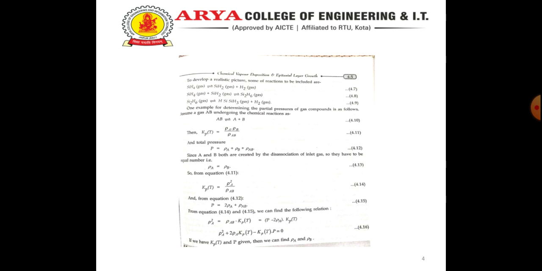From equations 4.14 and 4.15 we can find the following relation, and the final relationship is given in equation 4.16. If we have Kpt and P given, then we can find rho A and rho B. So this is our chemical equilibrium and the law of mass action. Thank you.